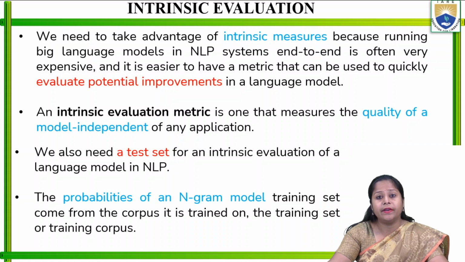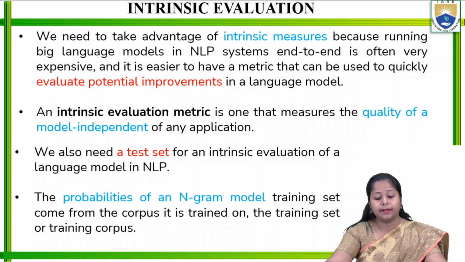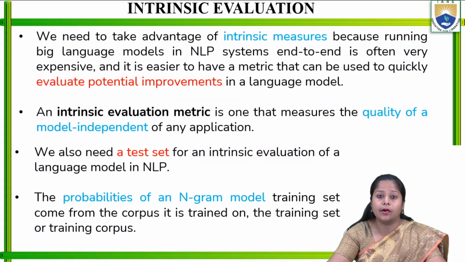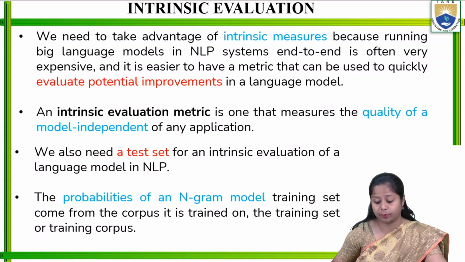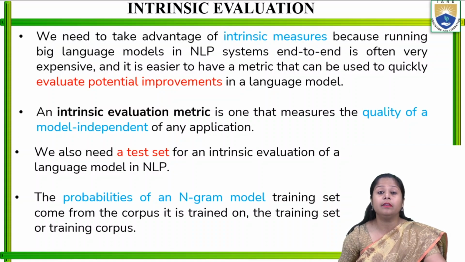The probability of an n-gram model, that is the language model, comes from the corpus it is trained on. So on whichever corpus it is trained, only for that will it give us the probability. The training set is also called the training corpus. That probability will work only for that particular corpus.